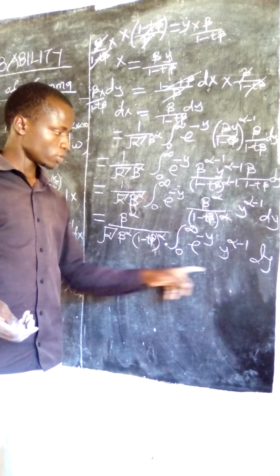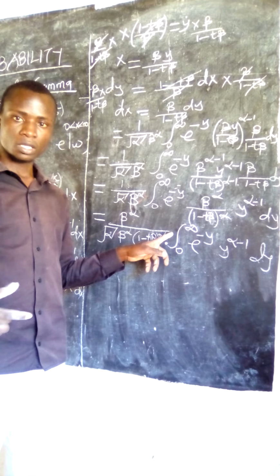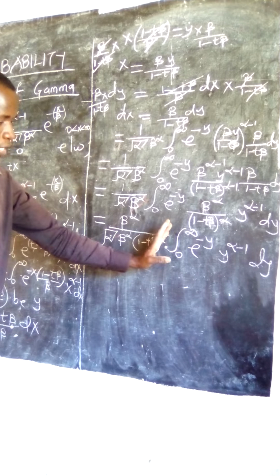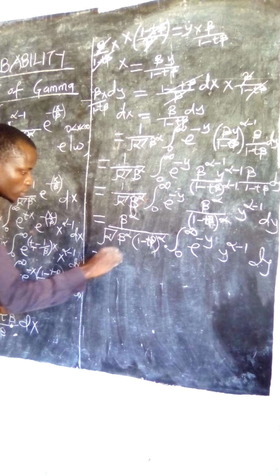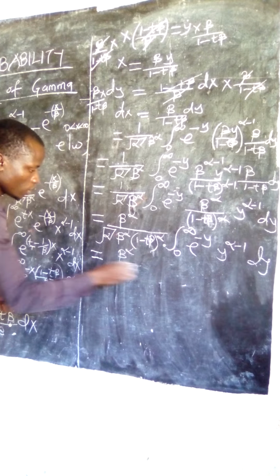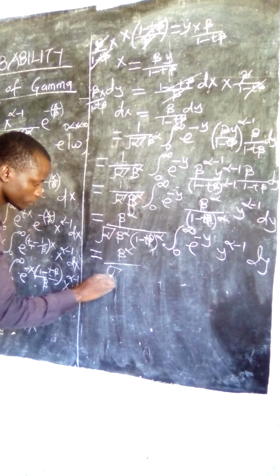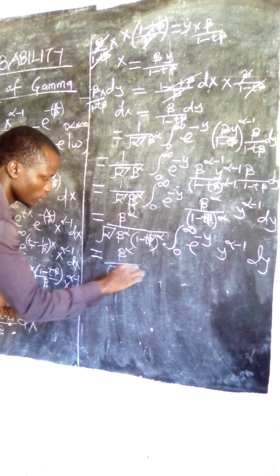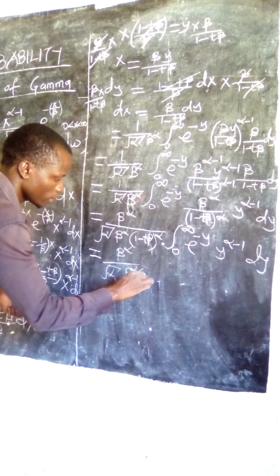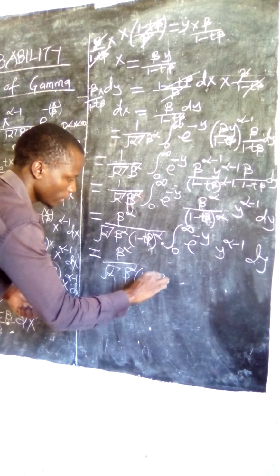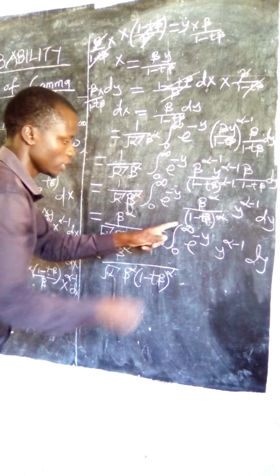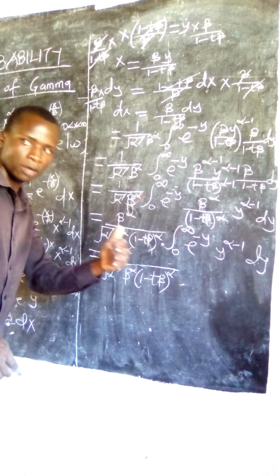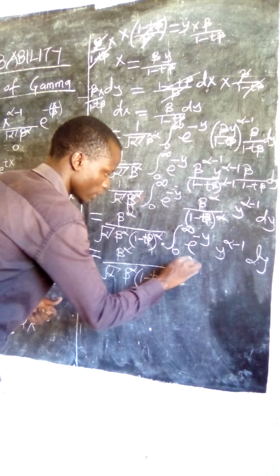Therefore, when I substitute this function with gamma of alpha, I just mean the same thing, because that is what that function means. So I'll come up here and say that it is beta alpha over gamma of alpha, beta alpha in bracket 1 minus t beta alpha. Then I've said that the whole of this function is the same as gamma of alpha. You just come and write gamma of alpha there.